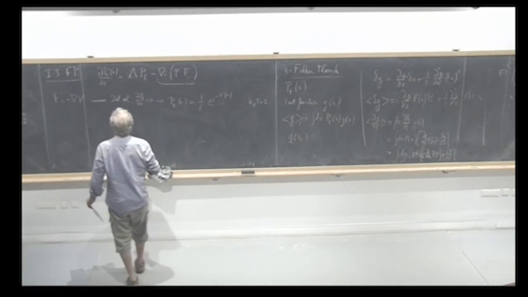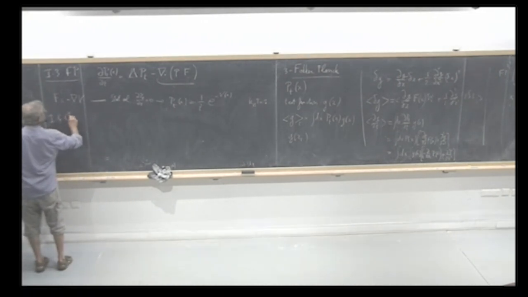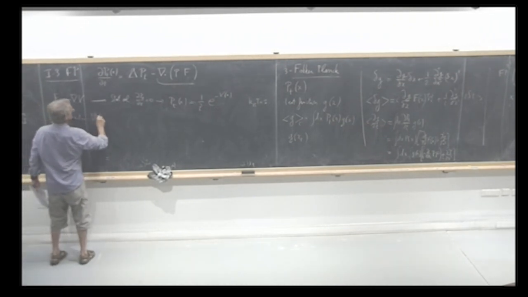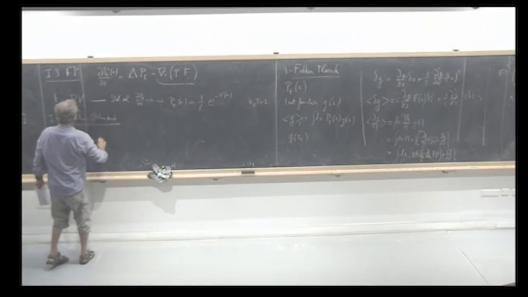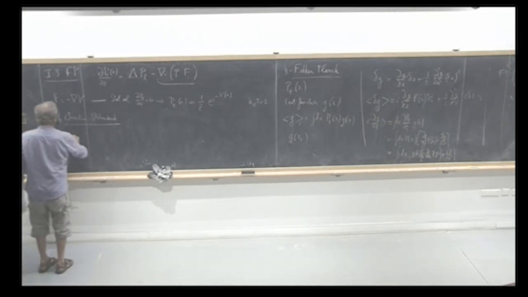Good. So let me see a simple process here, which is the Ornstein-Uhlenbeck process. Ornstein-Uhlenbeck is a very simple case in which the potential V is norm of x squared over 2.